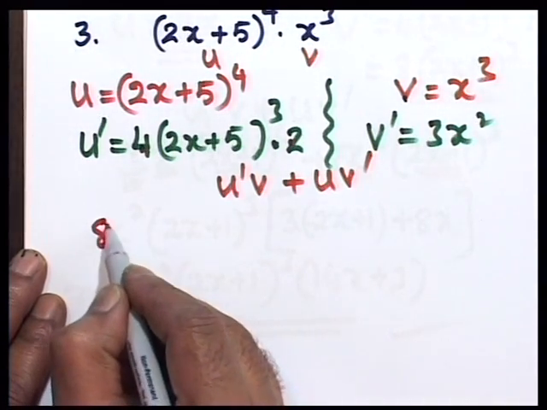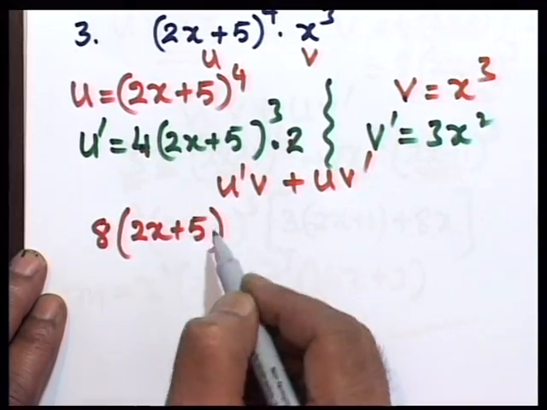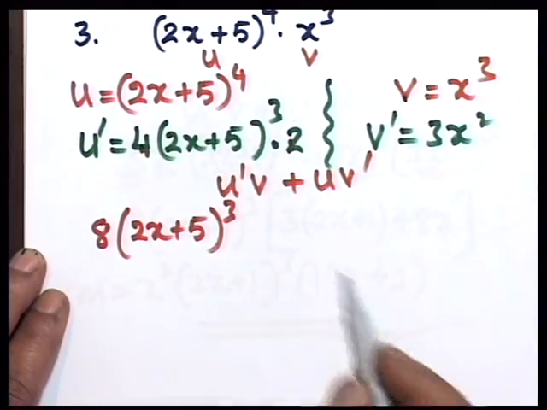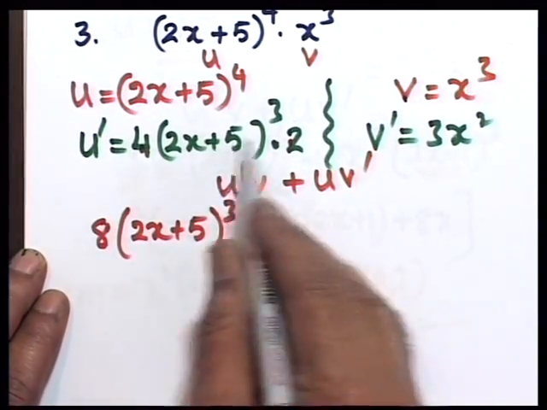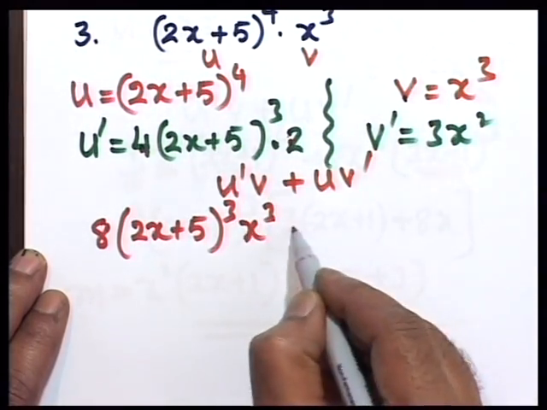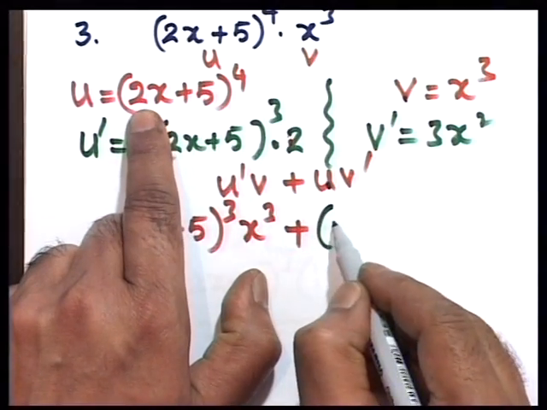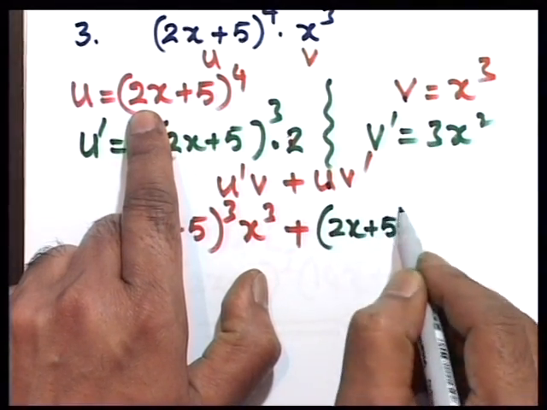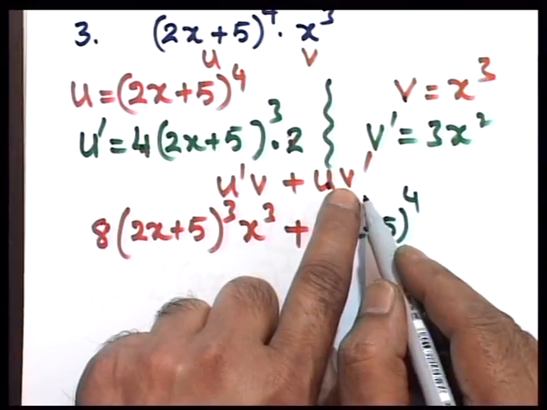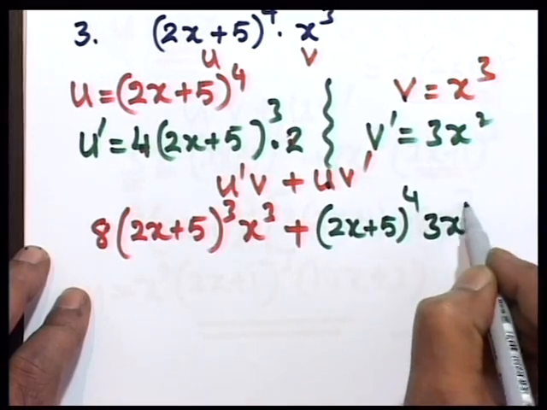So let's go slow. 8 bracket 2x plus 5 to the power of 3. Watch. That's u dash, right? We need v, which is x cubed, so times by x cubed. Plus, let's write u, which is that bracket 2x plus 5 to the power 4 times v dash, which is 3x square.